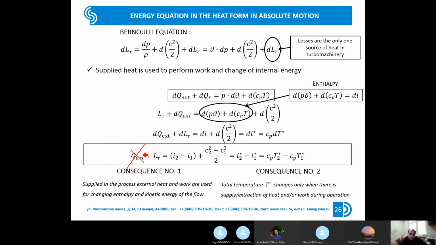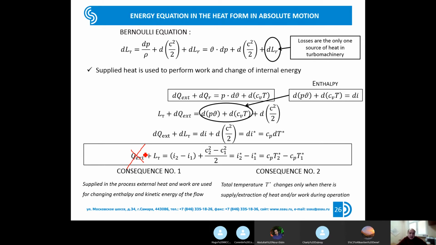And I pay your attention that the total temperature does not depend on the losses. That's why in non-moving guide vanes, nozzle guide vanes, tubes, nozzles, intakes, some channels, it does not change. The total temperature will be constant in all non-movable channels.